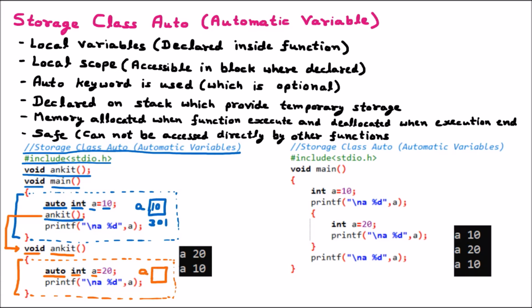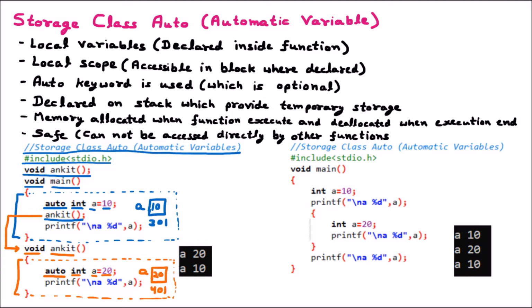Its address will be different, that is 401. The variables declared above and below are different because they are part of different blocks. So these are two different a's in different memory. Then further we say 20, so 20 will be the value.